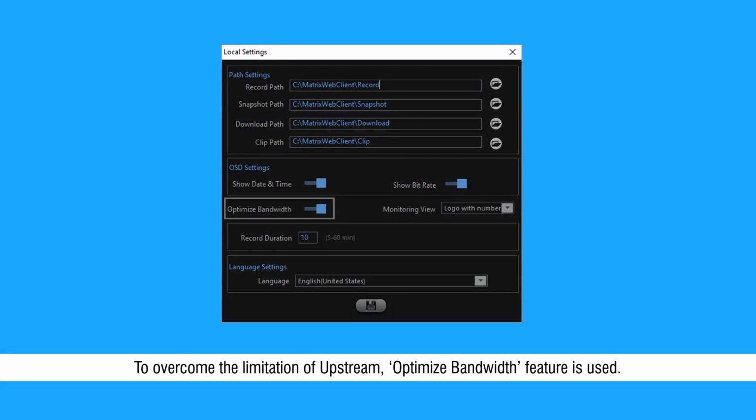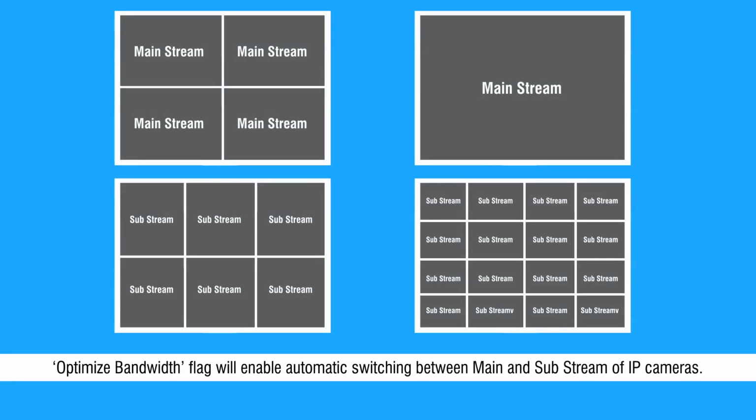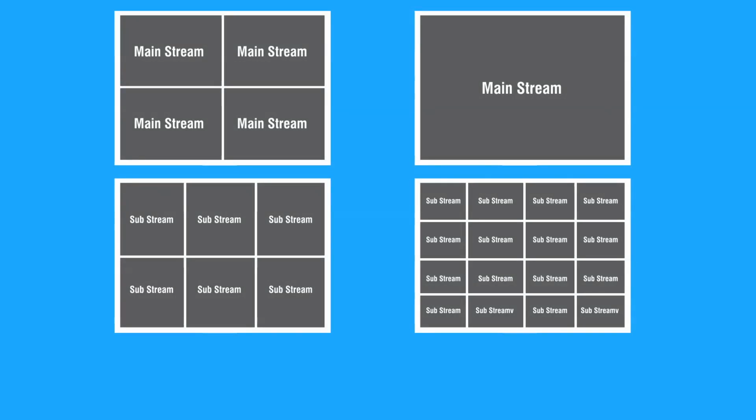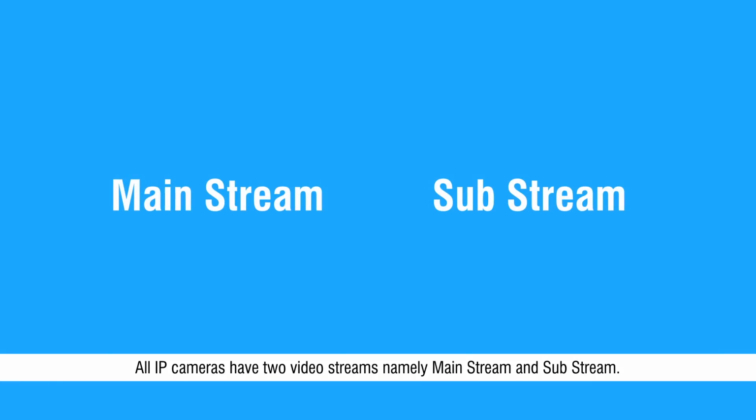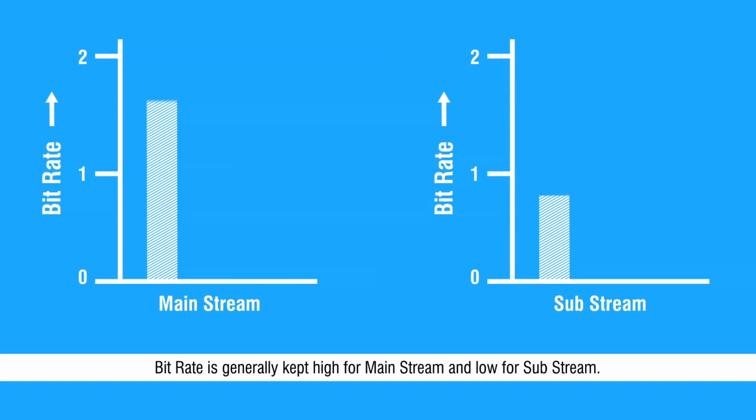To overcome the limitation of upstream, optimized bandwidth feature is used. Optimized bandwidth flag will enable automatic switching between main and substream of IP cameras. All IP cameras have 2 video streams, namely mainstream and substream. Bitrate is generally kept high for mainstream and low for substream.